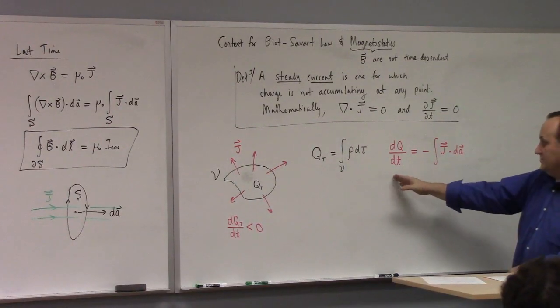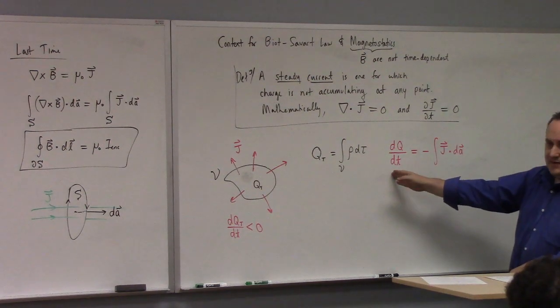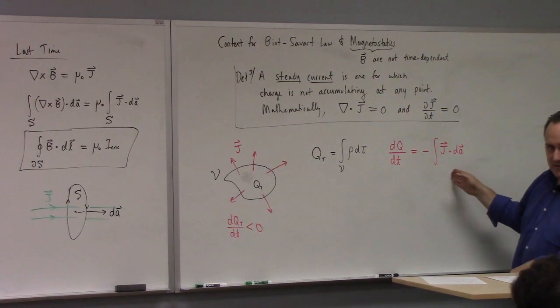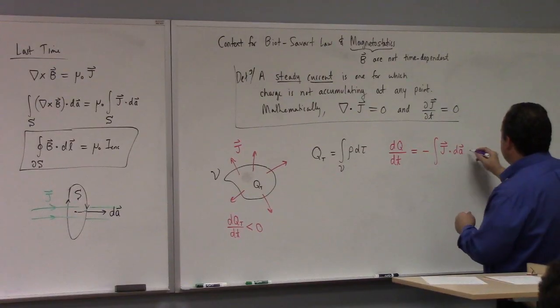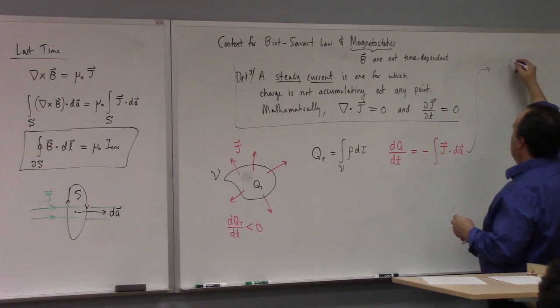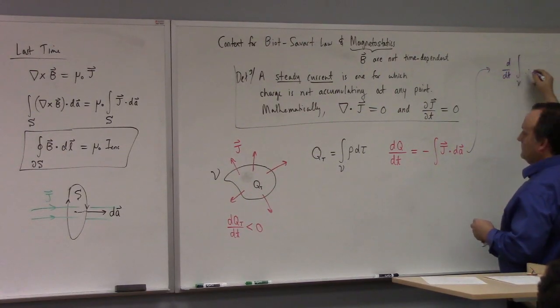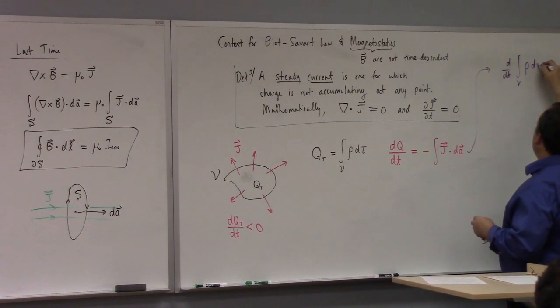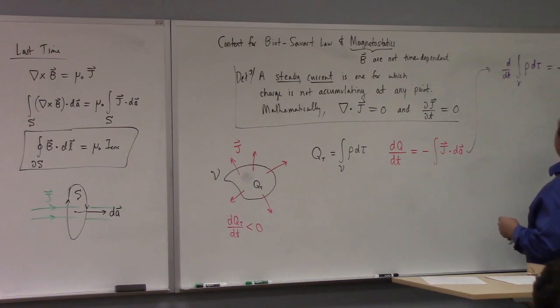In other words, you could say this plus that has to be 0, right? Whatever you lose in the charge, you have to gain in the current flowing out, and vice versa. But you see, we can trade this for d/dt of the integral over the volume of the charge density times d tau equals, well, minus the integral over the boundary of the volume of J dot dA, to be more specific, right?